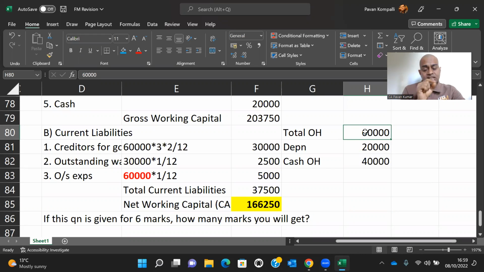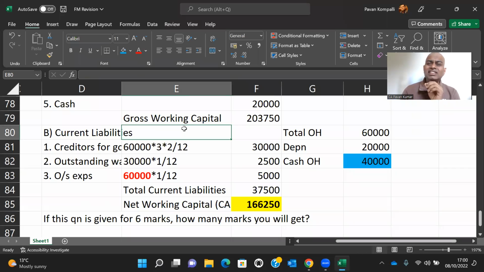If my overheads are 60,000, and my depreciation in that is 20,000, do I need to pay 60,000 to outsiders? The answer is no. So logically, it is appropriate to take 40,000 while calculating working capital, isn't it?